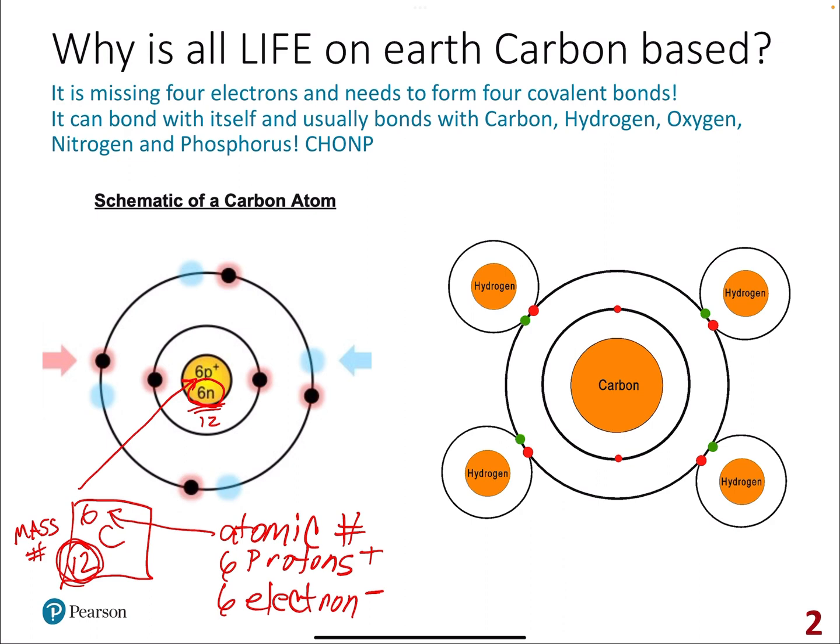So it has 6 electrons. Those are red. I'm going to click and type E, negative, which means that it has 6 negative electrons. Those are shown in red. How many electrons does it have on its outer ring? 4. It has 4 valence electrons.